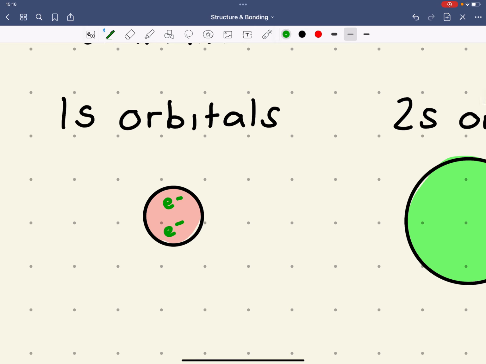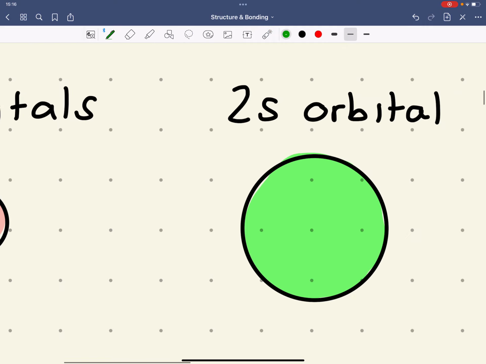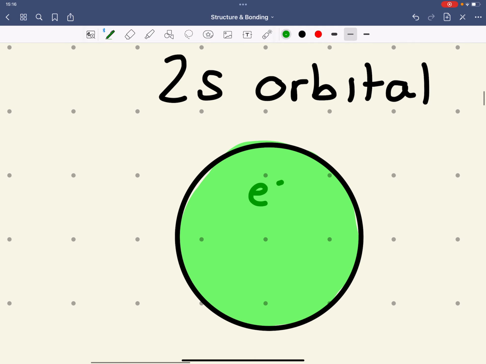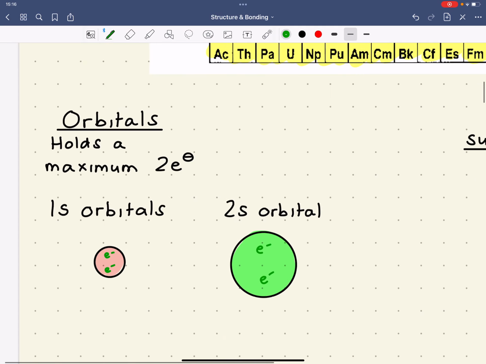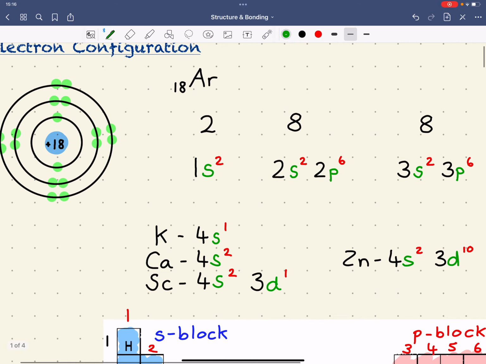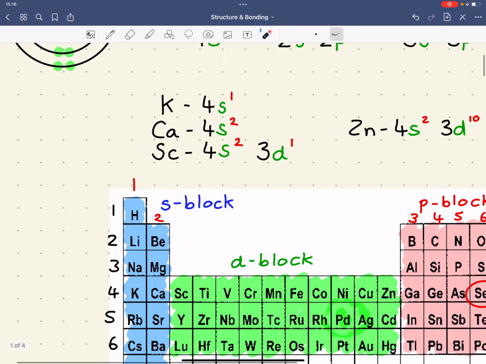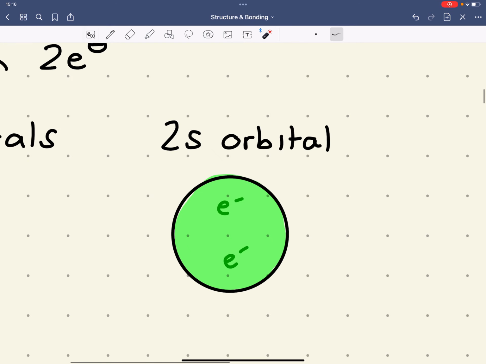We just know there are 2 electrons somewhere in this region of space. Same thing with a 2s orbital. Again, we know there are 2 electrons somewhere in there. So this corresponds to my 2s here. Again, because they've got more energy, they can get further away from the attractive force of the nucleus. So they've got a bigger region of space that they can occupy.